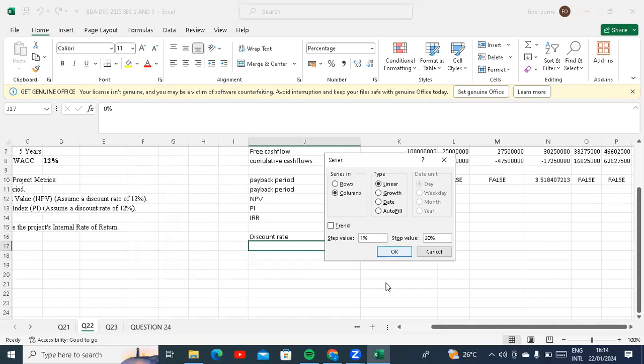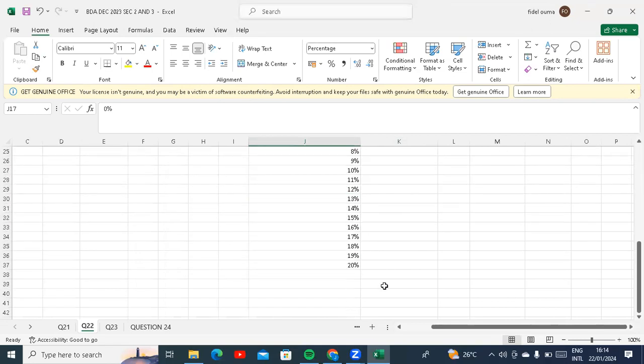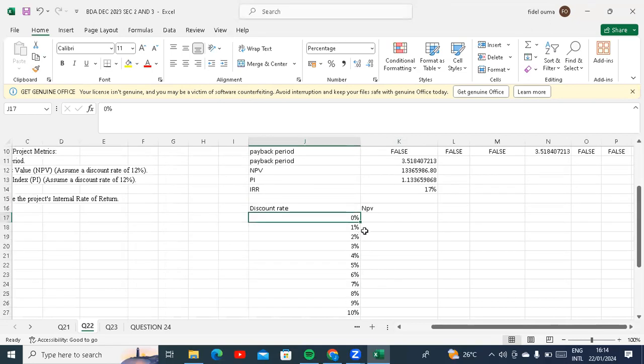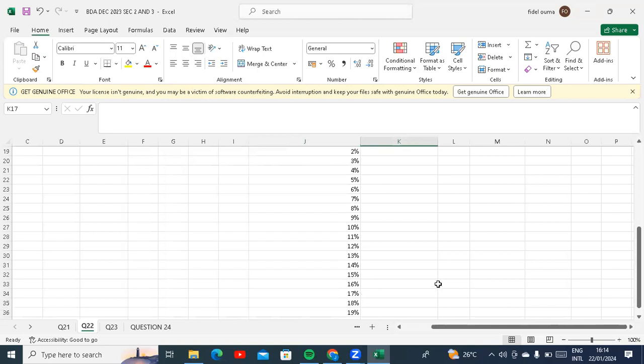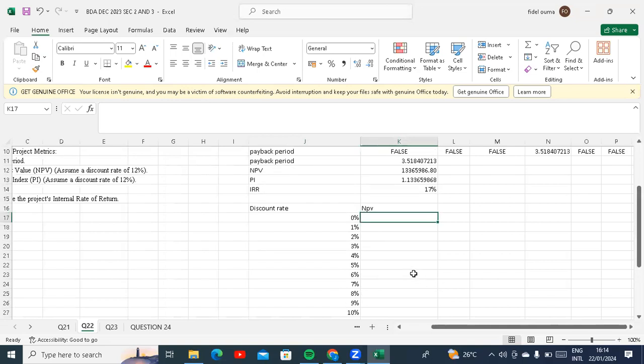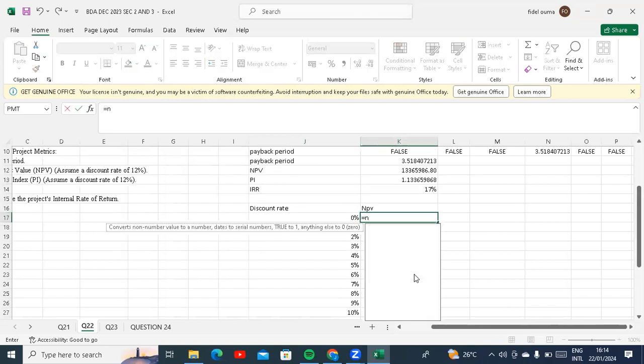This is a shortcut for filling, because in BDA you need to have so much speed to move faster. So I've just filled it up to 20%. You can see we have 17 here. So for NPV, I'm going to start with 0%. So I'm going to say equals NPV.